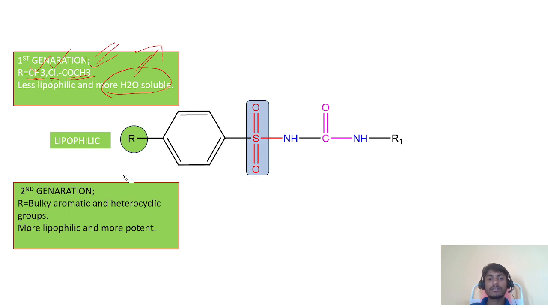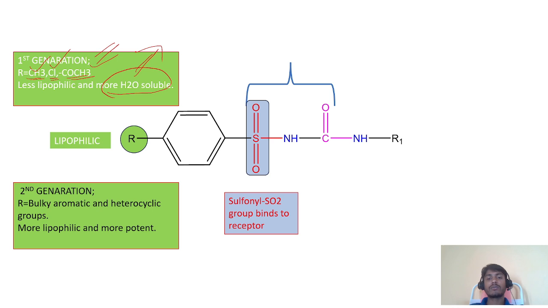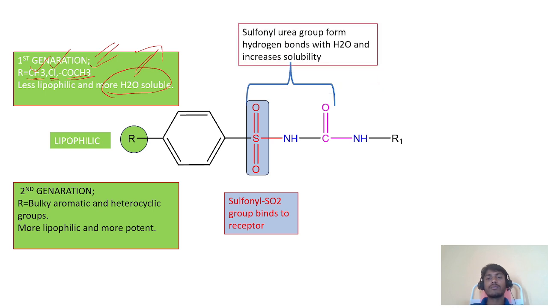Next comes the sulfonyl group. The sulfonyl SO2 group binds to the receptor, hence acts as a pharmacophore, followed by the urea group. This sulfonylurea forms a hydrogen bond with water, thereby increasing water solubility.